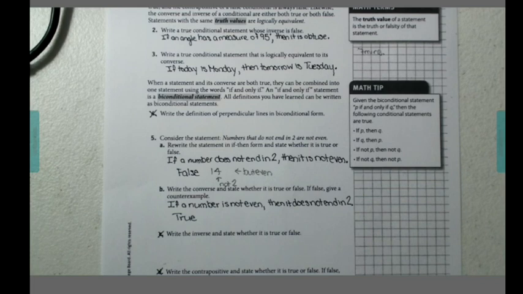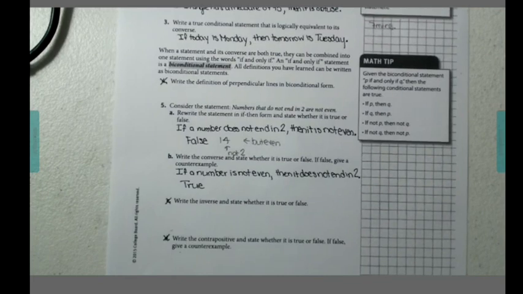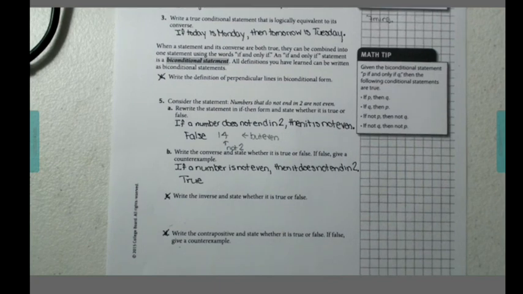That's also true. Biconditional: when a statement and its converse are both true, they can be written into one statement using the words if and only if. An if and only if statement is a biconditional statement. All definitions we've learned can be written as biconditional statements.